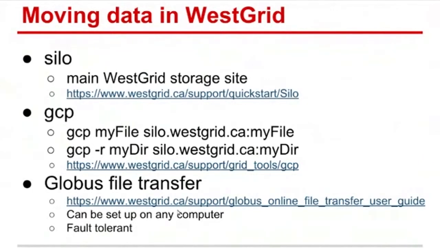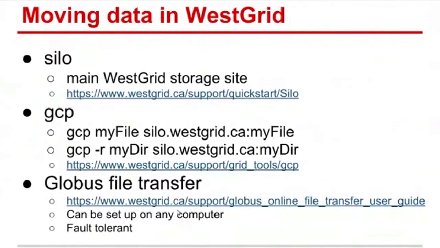There is another way of transferring files, which is called the global file transfer, and this one is very nice because it can be set up. Oh, I should mention, go back. The GCP only works within the WestGrid system. So if you want to transfer files to your own desktop, this doesn't work. Whereas Globus file transfer can be set up on any computers, including your desktop.